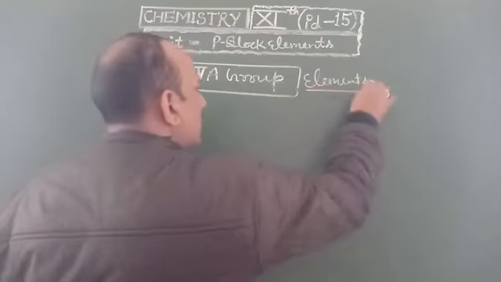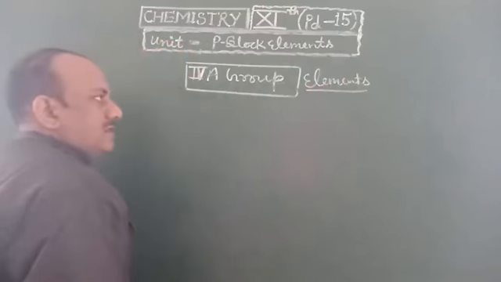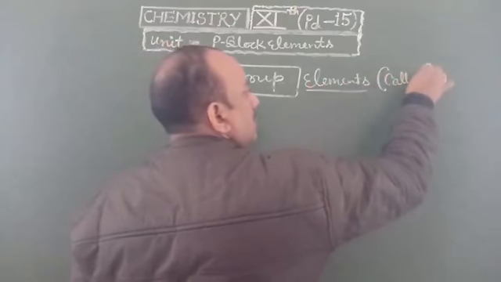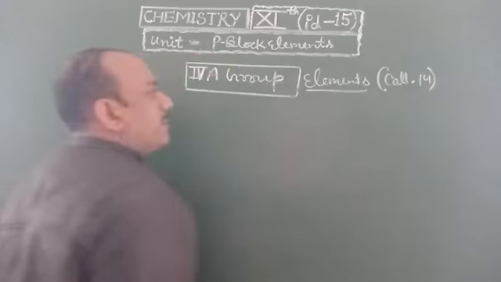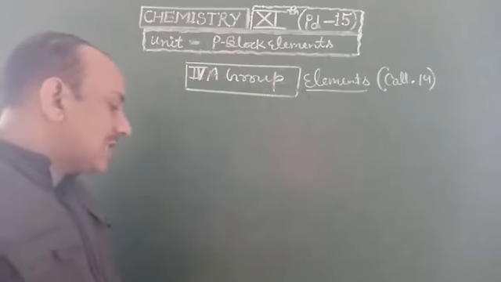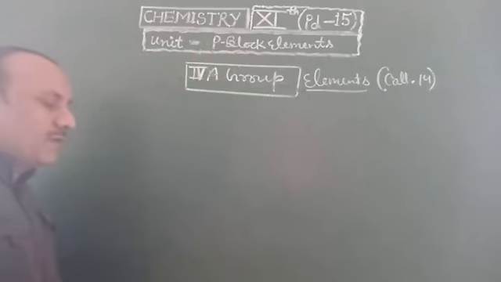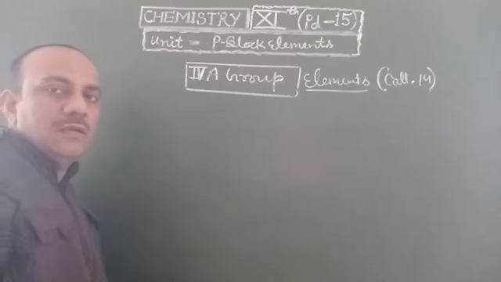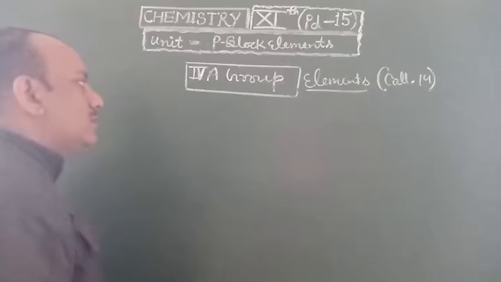It is also known as column number 14 elements. In the previous class, we also studied third A group elements and their compounds.